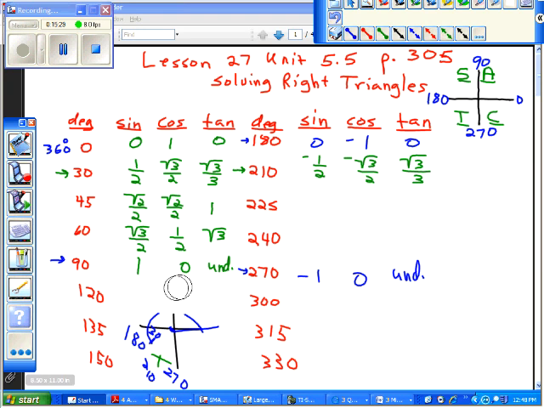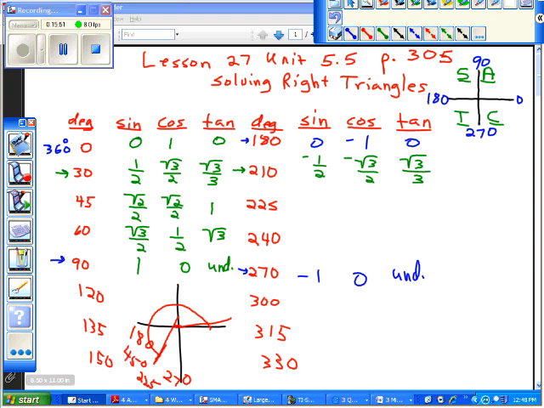Let's go to the 225 then. All right, this is 180 degrees. This is 270 degrees. We haven't made it to 270. We're over in here somewhere at 225.